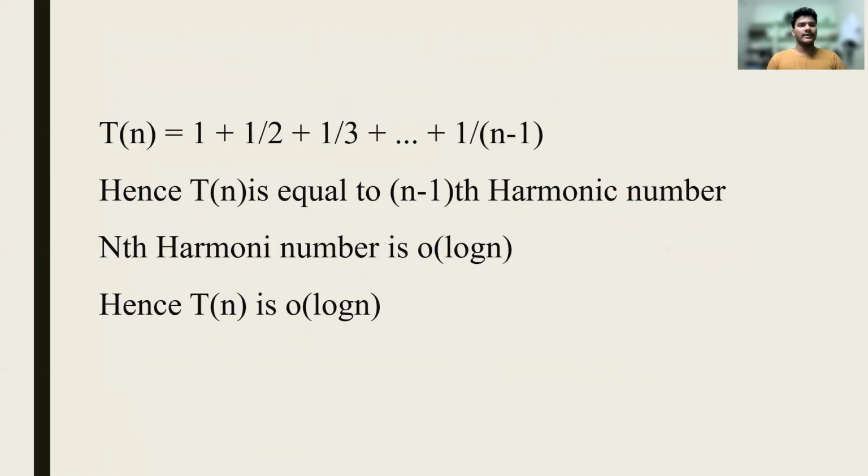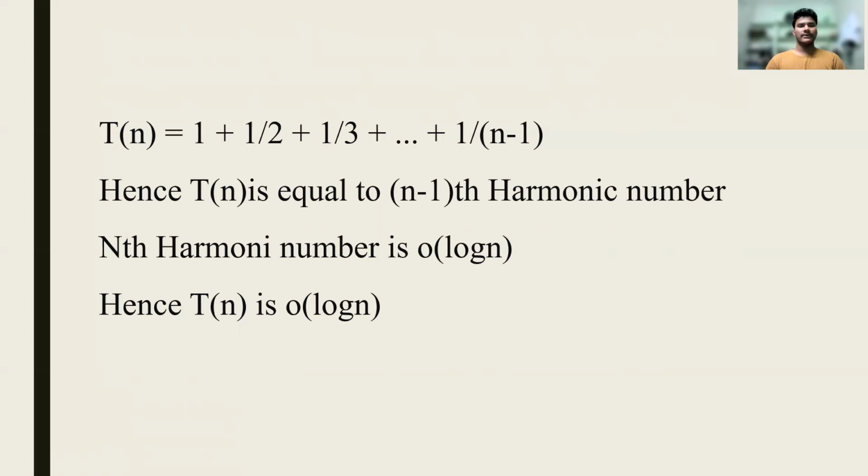So T(n) is equal to 1 by 1, 1 by 2, and so on. 1 by 1 means the search was found directly by identifying the pivot, a random number, in one case. Or it is taken two times, where first we have taken one pivot and it is not equal to x, and now we are checking the left side or right side. That's the way: 1 by 2, 1 by 3, 1 by 4, and so on. This is the time complexity.